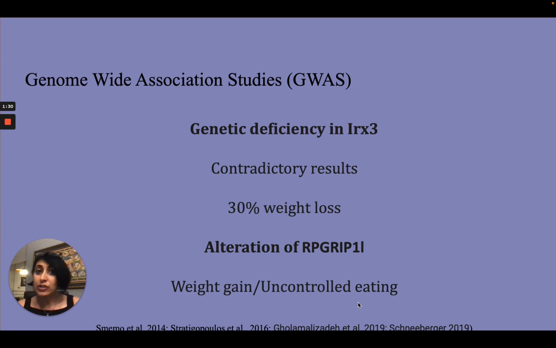Now, a study did show 30% weight loss, but when the study was replicated, contradictory results. So they haven't been able to consistently show that creating this deficiency allowed for the weight loss. Now, when they altered the RPGRIP1L gene, they did find that individuals did have more weight gain and uncontrolled eating.